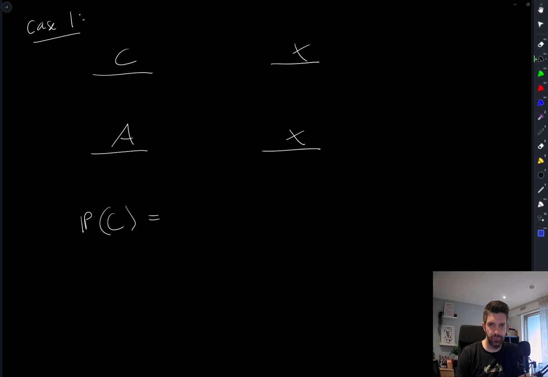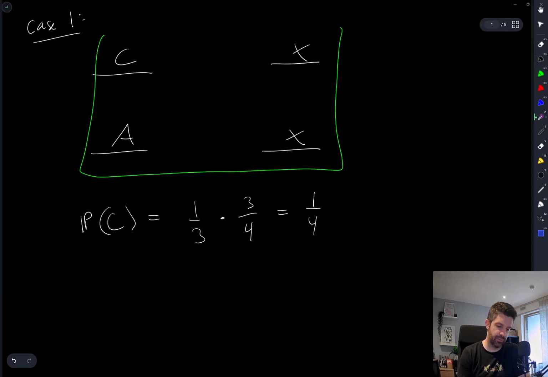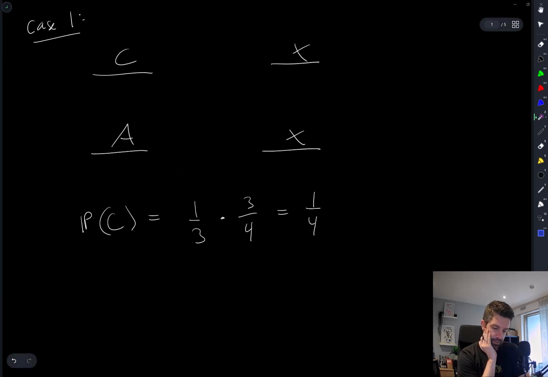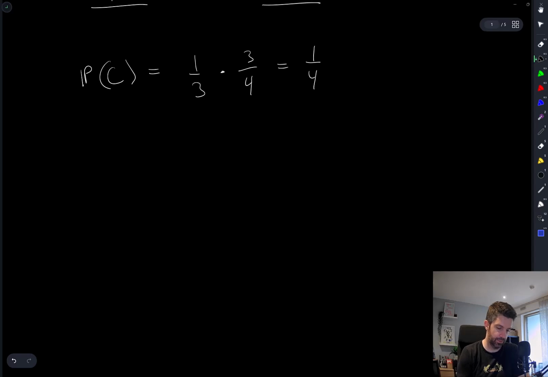Azar wins the first with probability 2/3, so Carl wins with probability 1/3. Then when Carl plays X, Carl wins with probability 3/4. So that's 1/4. If this is the initial arrangement, Carl wins with probability 1/4. Okay, now let's look at case 2.